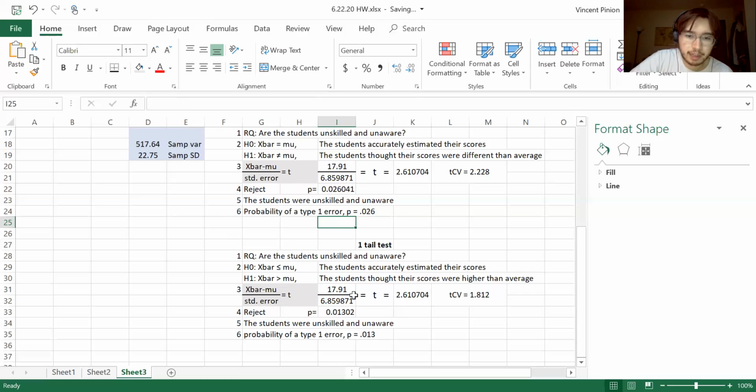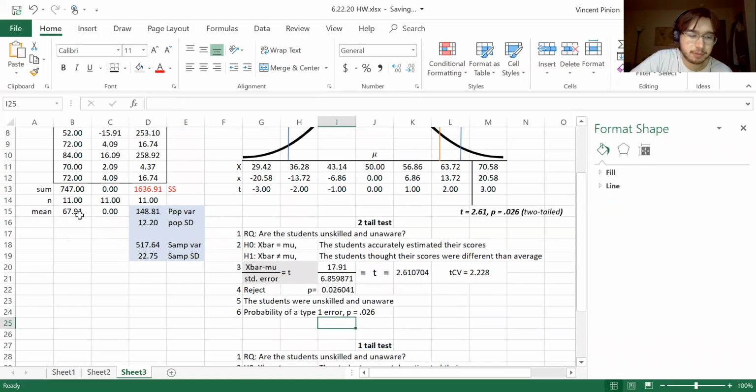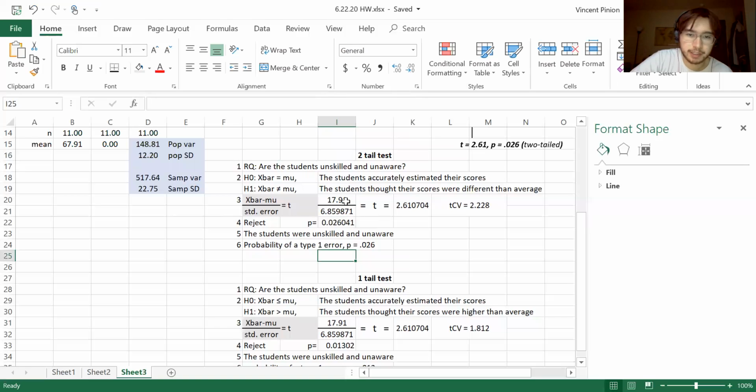And the calculations are identical. 67.91, the sample mean, minus the population mean of 50 equals 17.91. And then the standard error is the sample standard deviation divided by the square root of n. Did that on both of these. Got the same test statistic.